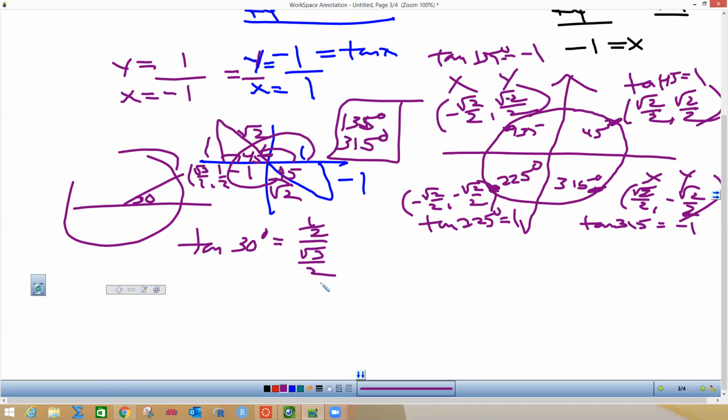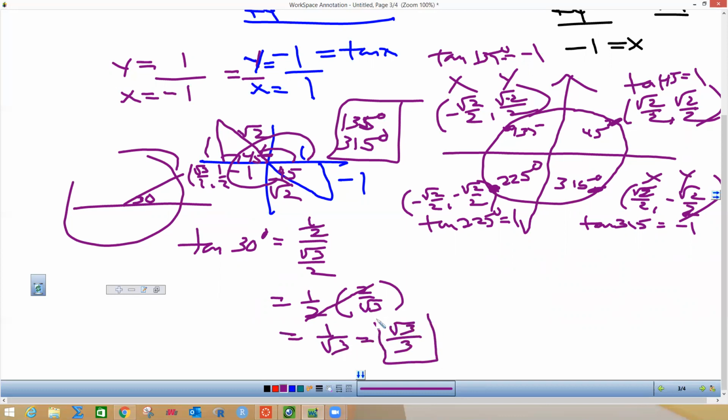So now I got to simplify this crazy fraction here. That means I need to multiply the top part by the reciprocal of the bottom part. Remember, you flip the bottom over. Hope you know those 2's reduce. So I got 1 over radical 3. And then you have to rationalize it. So we move the radical 3 up and take the 3 out in the bottom. On your problem, it would have said tangent theta equals radical 3 over 3, and you have to find that, although they probably have x.